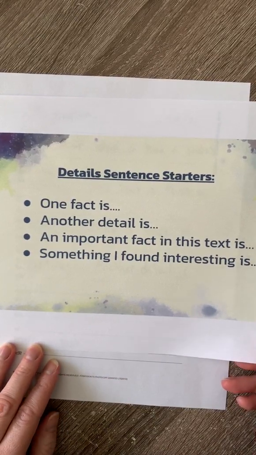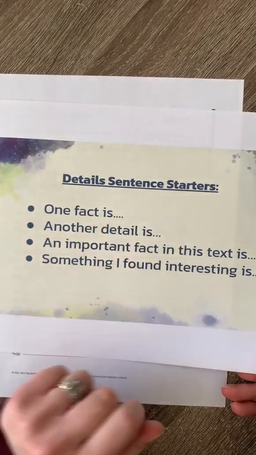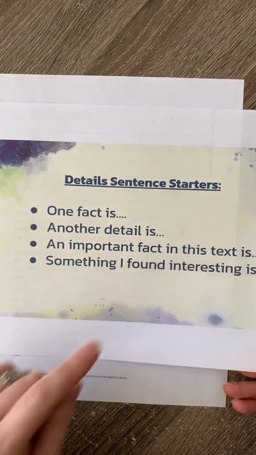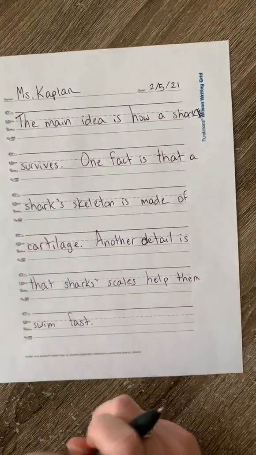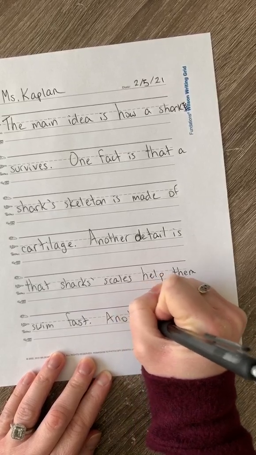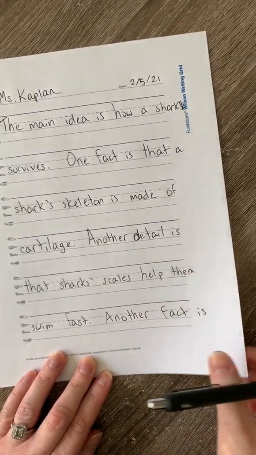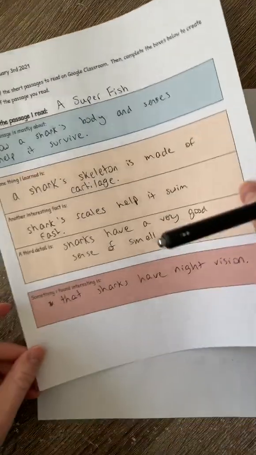I think I will use, let's see, what did I already use? I think I'll use another fact. I'm sort of going to combine these two and say another fact is. Another fact is, and I ran out of space, but I can go on to the back, that's okay. Another fact is, let's see, what did I write?